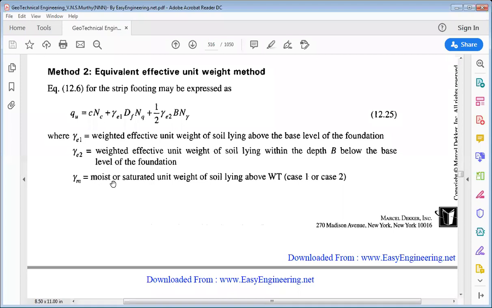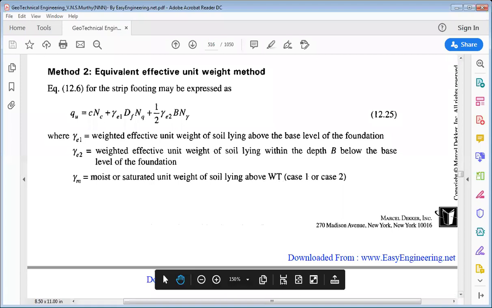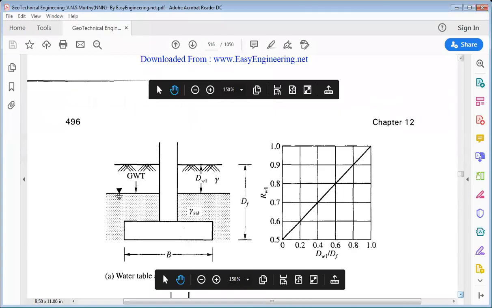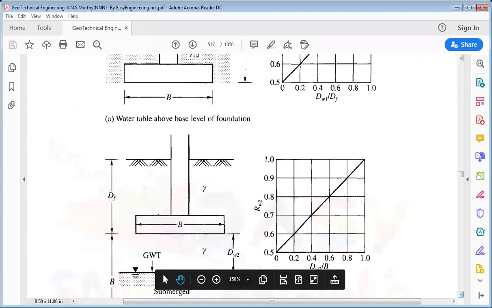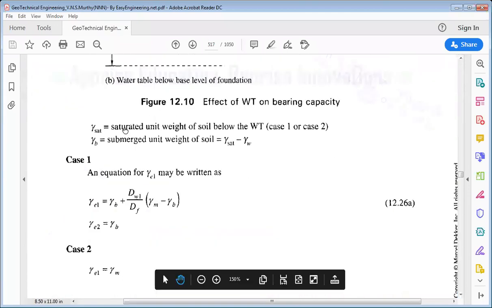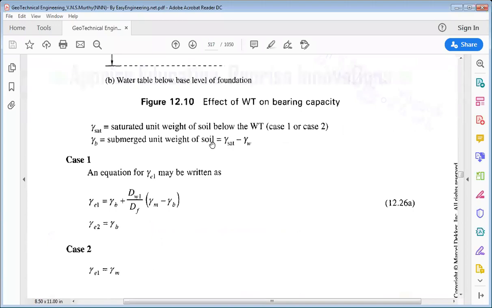Gamma M is the moist or saturated unit weight of the soil lying above the water table, gamma saturated is the saturated unit weight of soil below the water table, and gamma B is the submerged unit weight of soil, given as gamma saturated minus gamma W.